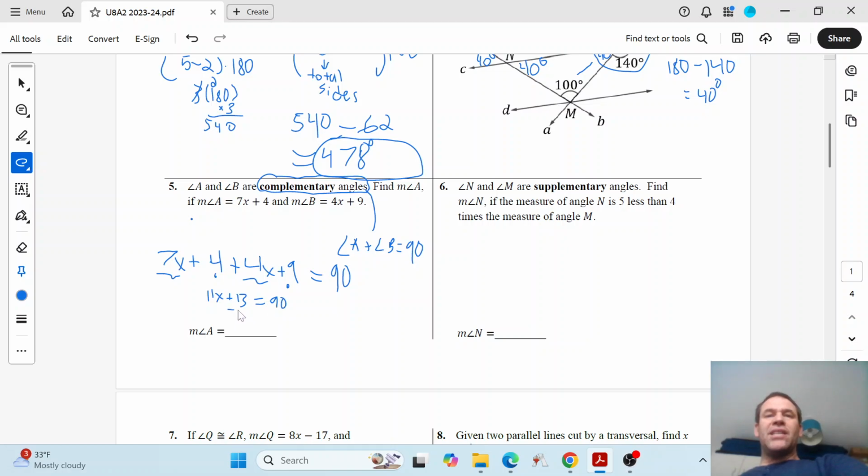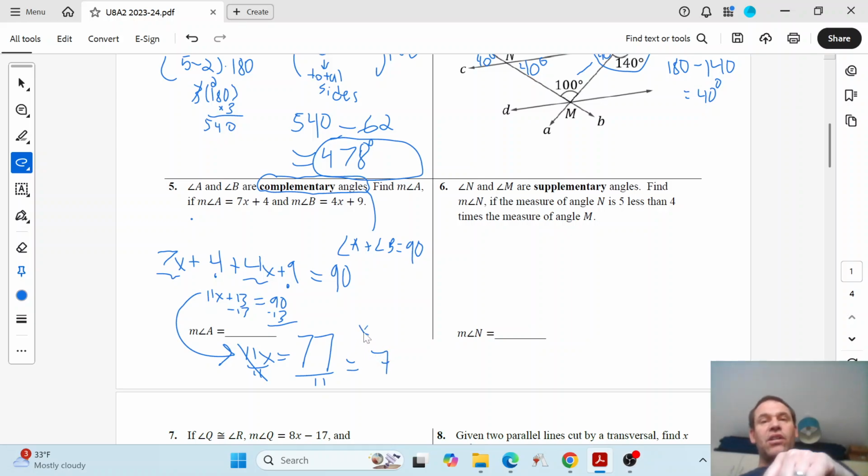Now we're going to minus the 13 over, and you get 77. Then we'll bring our 11x down and divide by 11. What is 77 divided by 11? Pause me. So that's 7, of course. 7 is not the answer, but x equals 7.